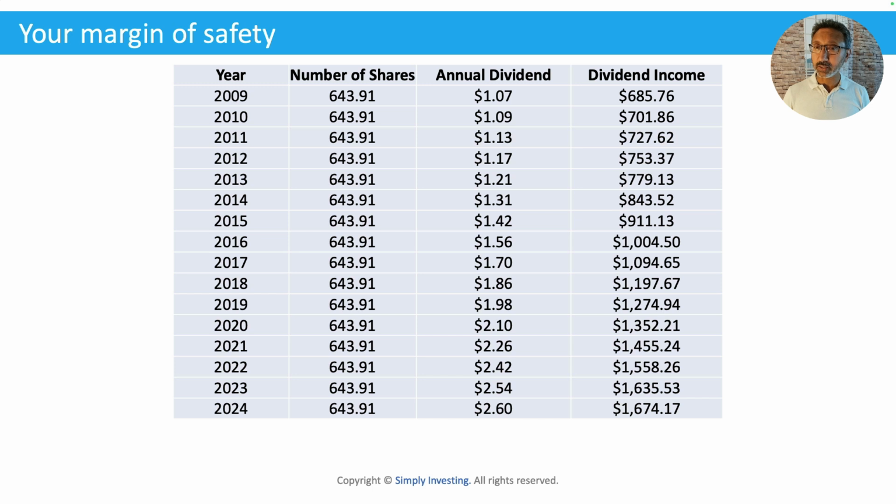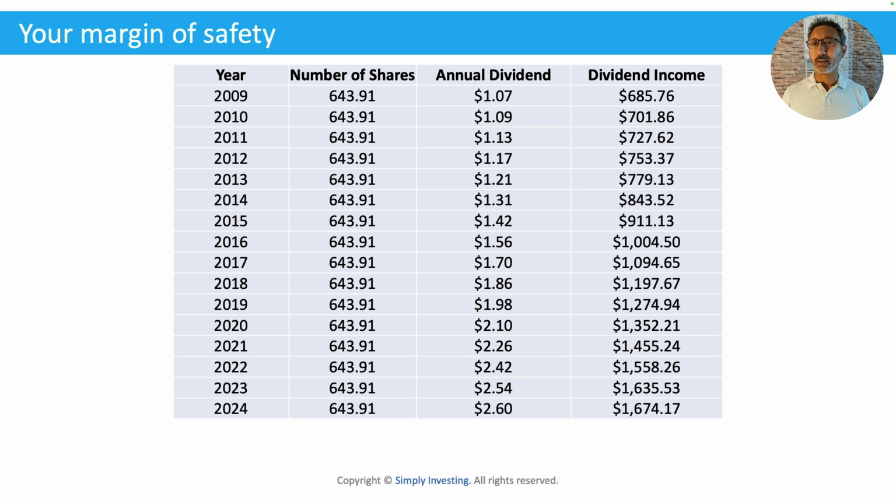And you can see the dividend income is growing. This year, if you held on to the shares, now remember, back in 2009, you would have made $685 in dividends in 1 year. This year, you would make over $1,674 in dividends because the dividend has gone up.